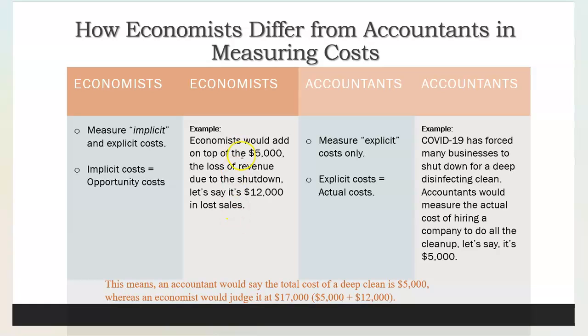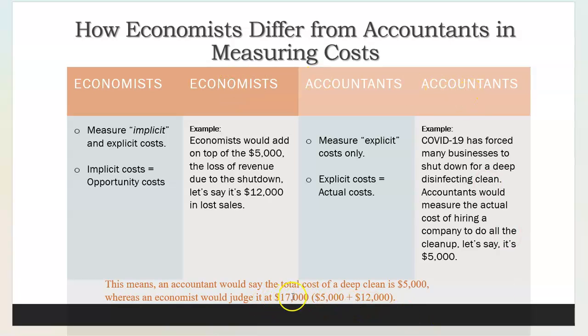And so what we're going to say here is, okay, the deep clean is $5,000, but there's a loss of revenue because you're shutting down your operation to clean of $12,000. Did you lose $12,000 out of pocket? No. But would you have gained those sales had you actually been in operation and not have to shut down to disinfect? Yes. Therefore, to an economist, you're not looking at $5,000 in costs, you're looking at $17,000 in costs. And that is the difference between how an economist thinks and how an accountant thinks.